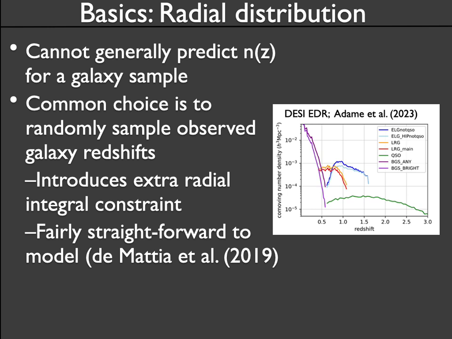You lose any clustering information that's purely radial. But unless we can predict what the N of Z would be from first principles, we're going to be losing some of that no matter what. And any kind of spline or whatever through it, you would have to model the impact of. So the easier thing to do is just accept this radial integral constraint.